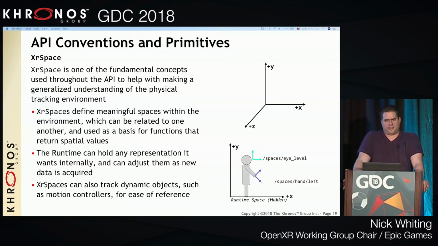So the way we get around those sticky issues with OpenXR is that we let you define spaces like a floor plane or an eye-level plane, but then we define a function that lets you get the relation between any two of those spaces. And those spaces can be continually updated, as I said, if the room is discovering more about what the layout of the actual room is, it can adjust those as needed. Or if you wanted to attach a tracking space to a motion controller, for instance, and have that basis move along with the motion controller itself so that you can attach things in relative space, you can do that as well.